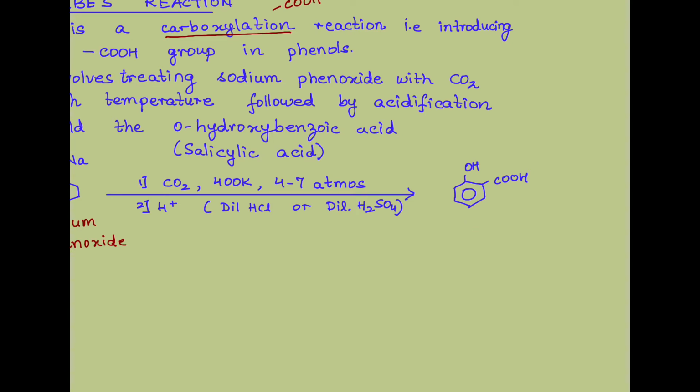Let us name it together. COOH and OH. What takes precedence? Right, COOH becomes the principal functional group and OH is the secondary functional group. So we have here 2-hydroxybenzoic acid. That is its IUPAC name. But it is quite commonly known as salicylic acid.